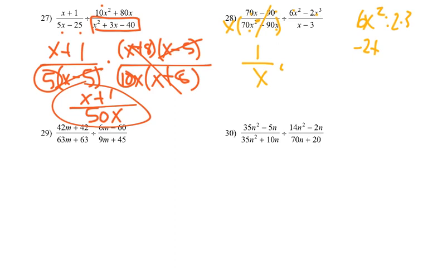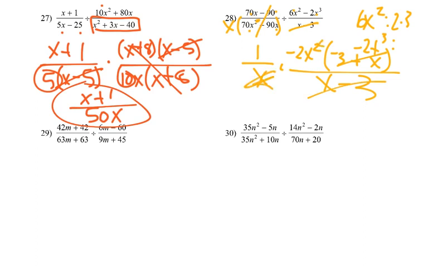Negative 2x cubed would be like, and I think we want to pull out a negative here too. So if I pulled out a negative 2x squared, I would have a 3, a negative 3 plus x, which is the opposite of that. So those would cancel. And this x would cancel out 1x, so I'm left with negative 2x as my answer. Kind of a crazy one.